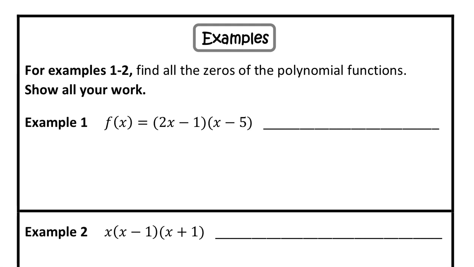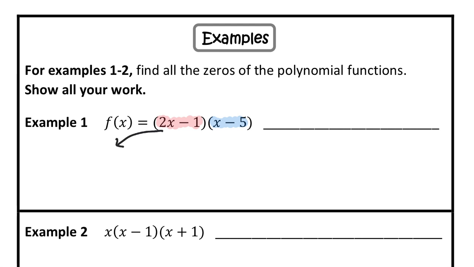So we're going to work backwards in a way. So it's asking us to go backwards. So let me highlight something. So this is one factor. This is another one. And we're going to set each one equal to 0 and solve for x.